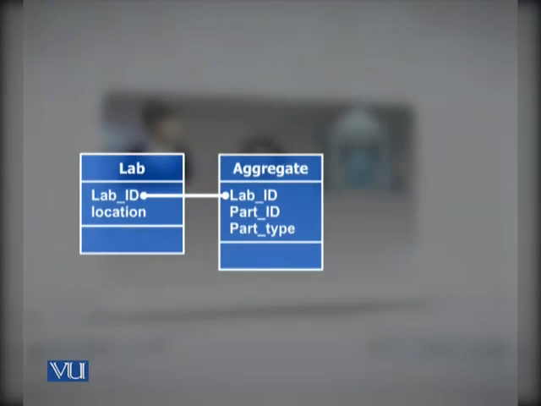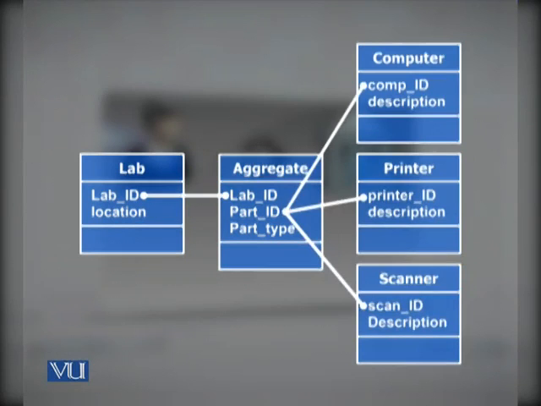This is the example from your book. Here they have included the attribute lab ID and also the part ID. Part ID means the ID of the part that will be included in the lab. And then they also included an attribute part type. Then they applied a check constraint on this attribute that restricts a particular part to be of either computer, printer, or scanner type.